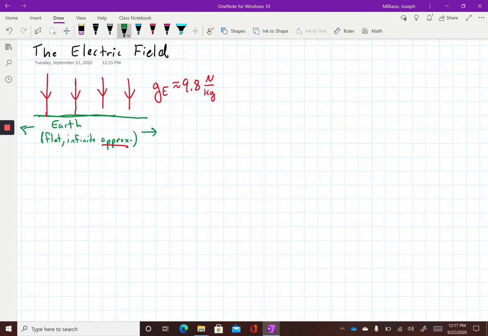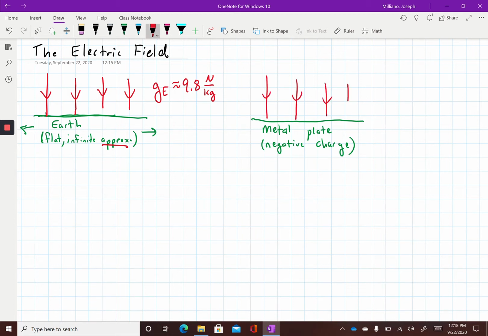And then we compared that to what if instead we had a metal plate, and that metal plate had a negative charge on it. Well, in that example, we said that the electric field would be downwards, with a magnitude of some number of newtons per coulomb, not kilogram anymore.